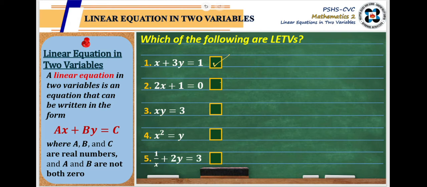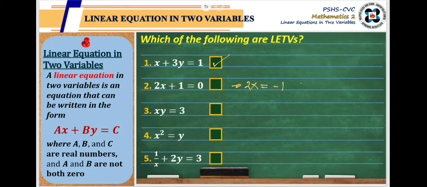How about number 2? 2x plus 1 is equal to 0. Okay, so we said the linear equation in two variables can be written in the form ax plus by is equal to c. So if I'm going to do that, 2x plus 1 equals 0 can be transformed to, if I transpose 1 to the right side, the equation 2x is equal to negative 1.